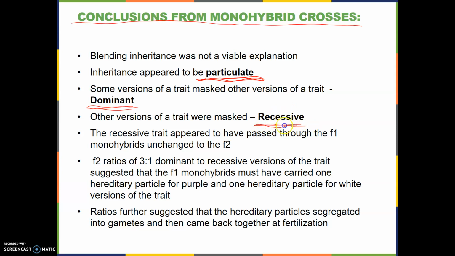So in that F1 generation, the dominant trait that we looked at was the violet color, and the recessive was the white color. And anytime that an individual inherited the violet trait and the white trait together, violet from one parent and white from another parent, they're going to show the violet color because violet masked the white color. Violet is dominant, white is recessive.